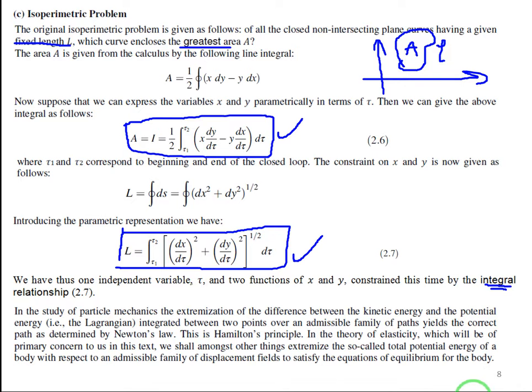For the last part, I want to prove this statement, how we can calculate the area by this formulation.